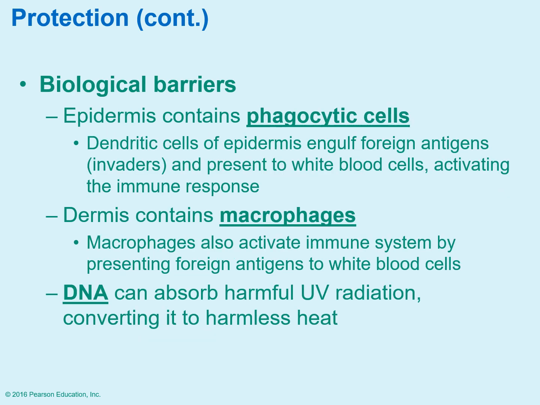In terms of a biological barrier, remember, I often mentioned phagocytic cells: the epidermis contains those dendritic cells that carry out phagocytosis. The dermis layer has macrophages, which also carry out phagocytosis. These are all working together to detect any type of foreign invader and attack it before it's able to penetrate deeper into the body.